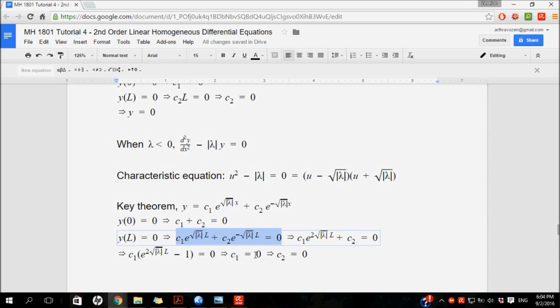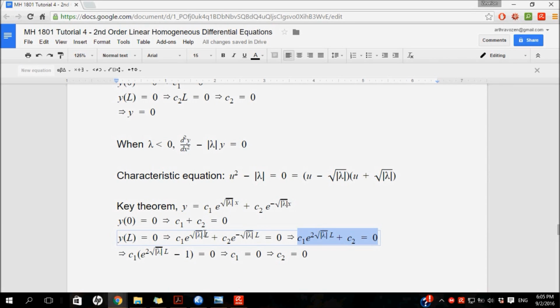We solve for this and we get this expression. When I multiply by e to the square root of absolute value of lambda times L, it cancels away this term and I should have 1. I should get this equation.